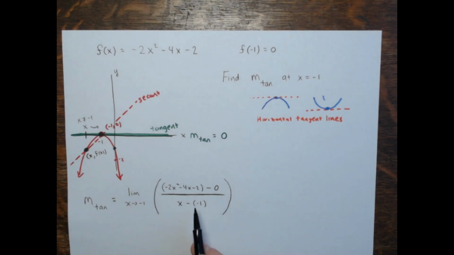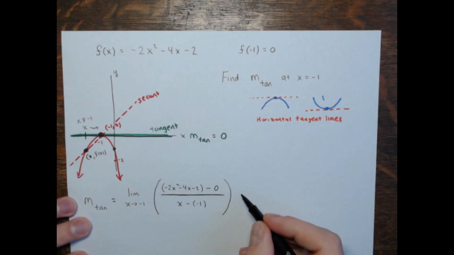Like the earlier example, when you set these up initially, they're going to be in that 0 divided by 0 form. If you were to plug in -1, the numerator is approaching 0, the denominator is also approaching 0. So I've got to manipulate this.